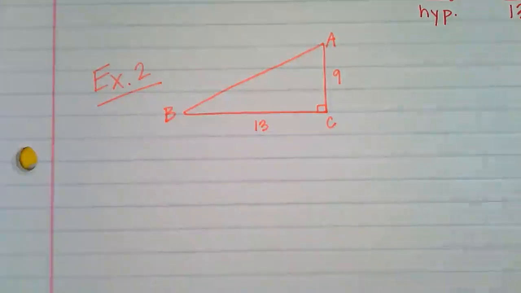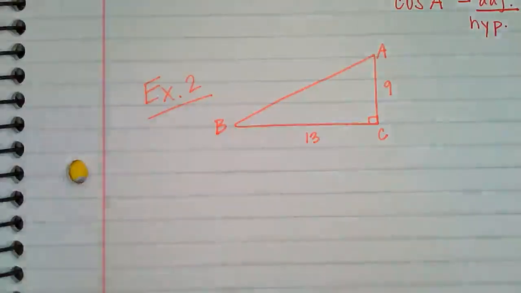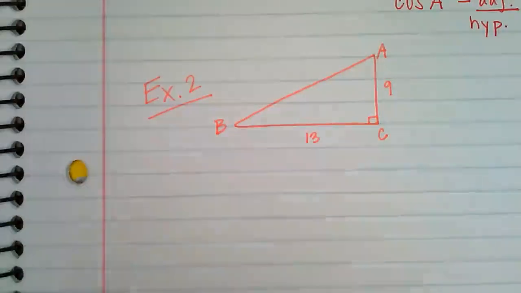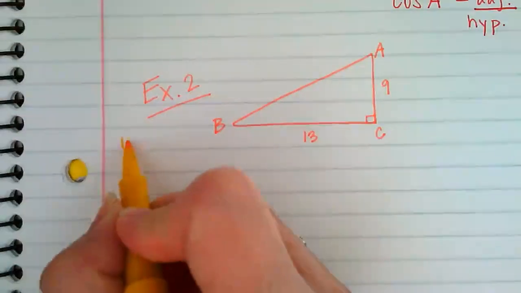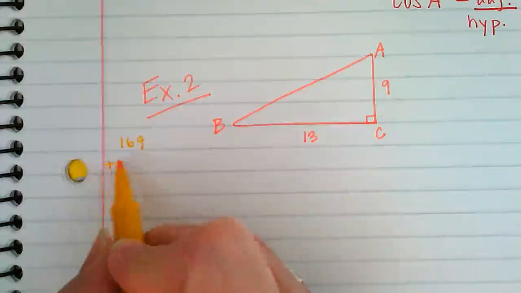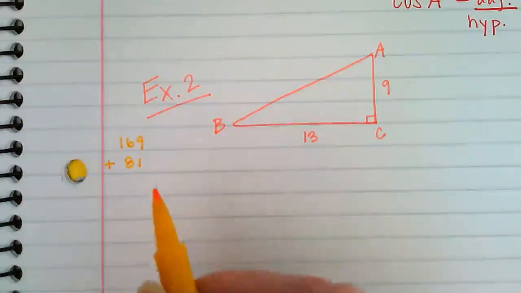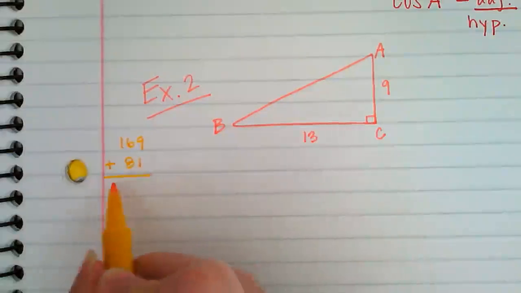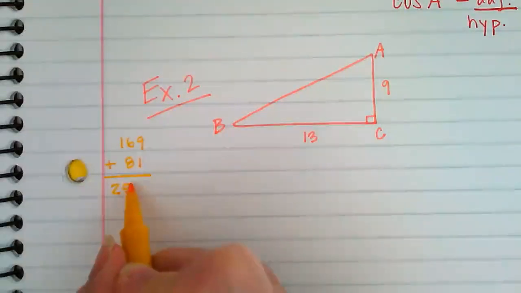So I'm just going to go over to the side here. Let me change colors for a second. All right, so we need a squared, which would be 169, plus b squared, which would be 81. And that is going to equal c squared, which is 250.